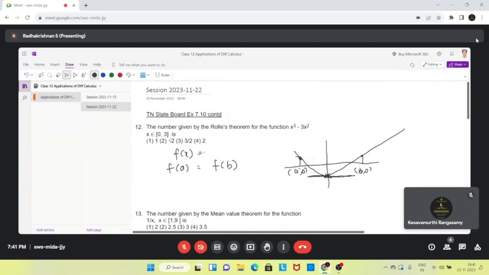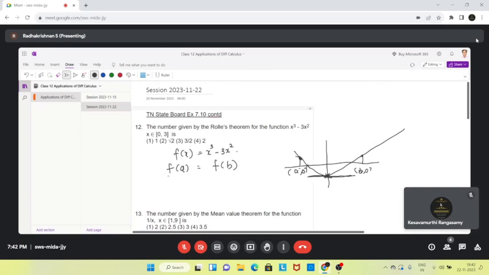The function is given as x cube minus 3x square, right? So we have to find out the point. First of all, you have to see where f of a equals f of b. Let us solve this.